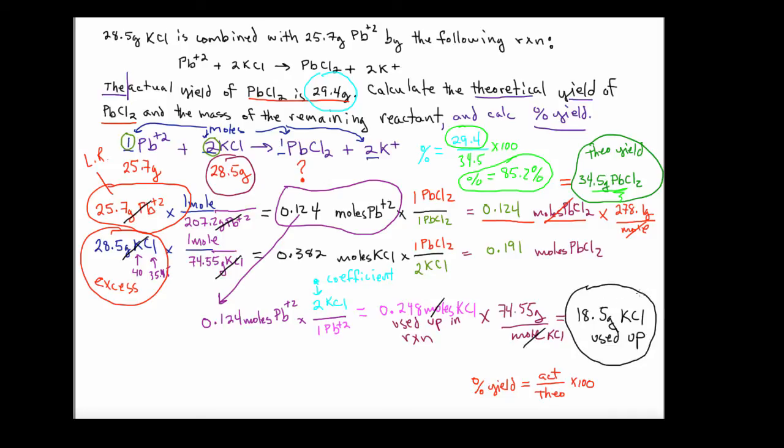Now to find the mass remaining, we're going to pull down my excess. So I've got 28.5 grams KCl excess. I'm going to subtract from that the amount we used. Make sure to use words to indicate what I've got so you can clearly see in front of you what it is we've accomplished.